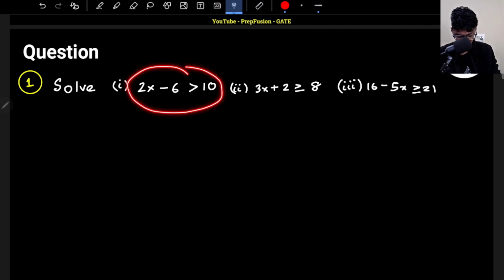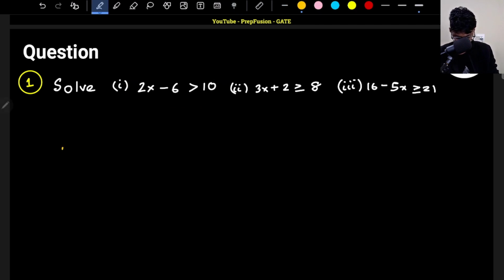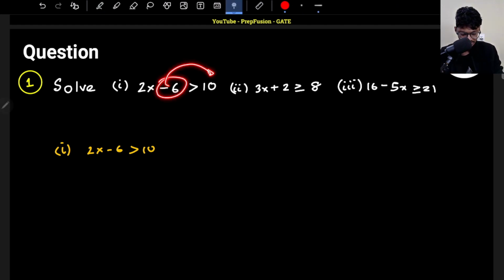Let's solve this inequality. First, we have to solve 2x minus 6 is greater than 10. So how will you solve the inequality? What is the method? I know many of you use the shortcut of moving this minus 6 to the right hand side, where it becomes plus 6.